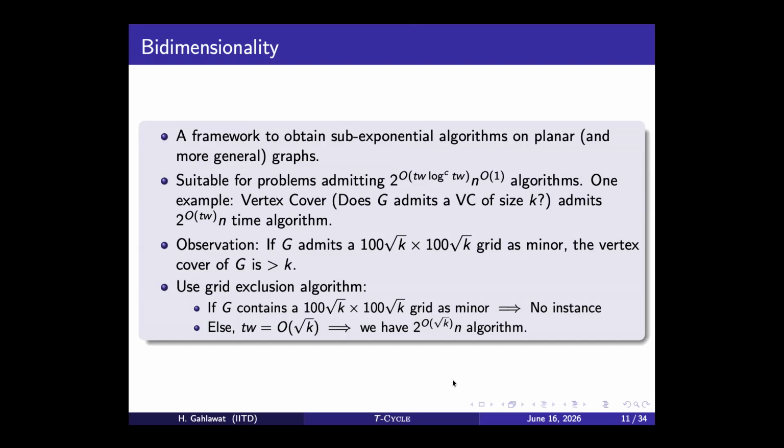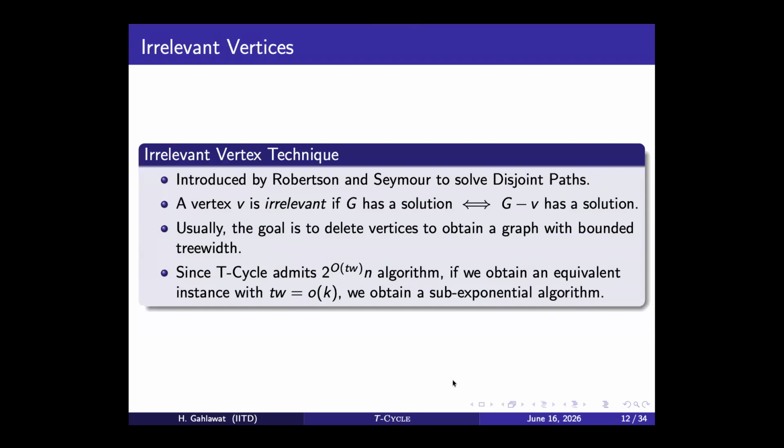Then we looked into this technique, irrelevant vertices. This was introduced by Robertson and Seymour to solve disjoint paths. For a particular problem, a vertex is irrelevant if its removal does not change the solution. Whether this vertex is there in the graph or not, it doesn't change the outcome of my problem.